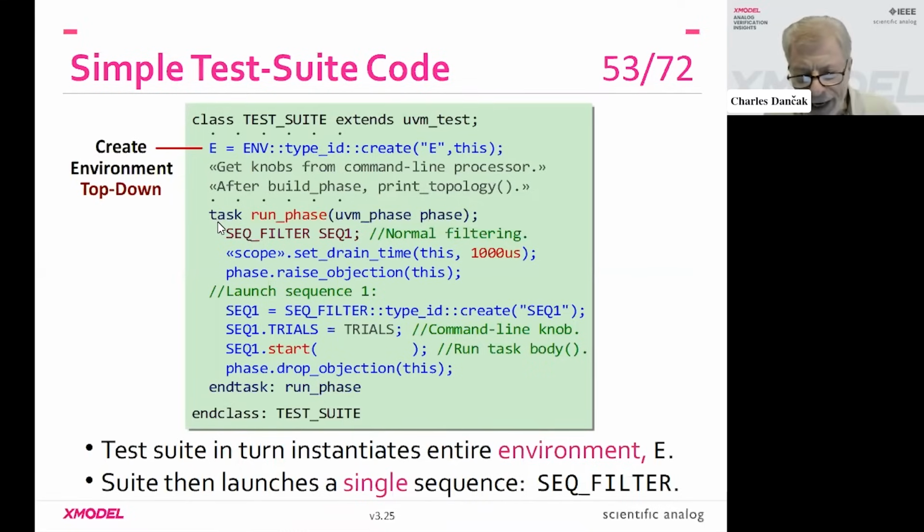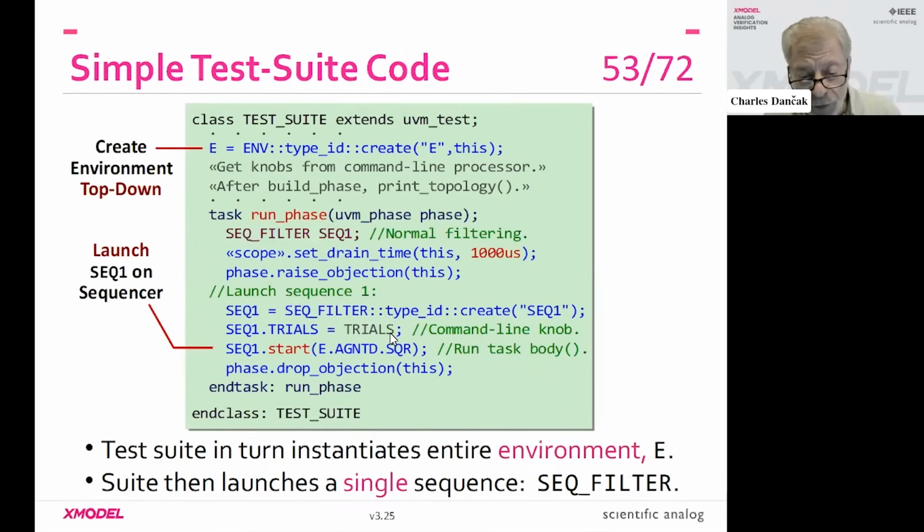And this is where we can answer that question, Jeha. First, we're doing a simple test suite with just our one sequence, filter sequence. And so we're going to first create the sequence. This is not the sequencer. This is the transitory sequence object. We're going to call it seq1.